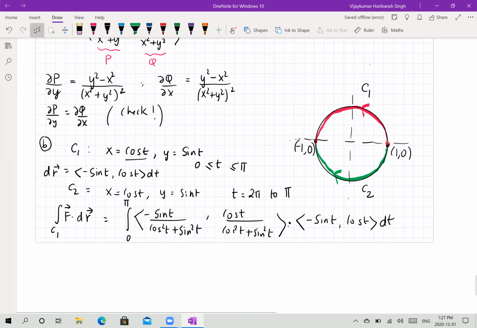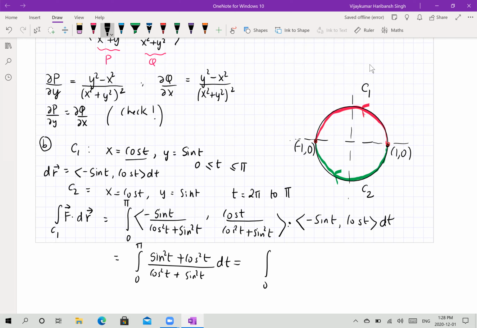And if you look at this, it's going to be 0 to pi. Sine squared t plus cos squared t is 1. On top, you'll get sine squared t plus cos squared t divided by cos squared t plus sine squared t, and that dt. And along this path, it doesn't become 0 ever, right? So there's going to be the integral from 0 to pi of dt, which is pi.